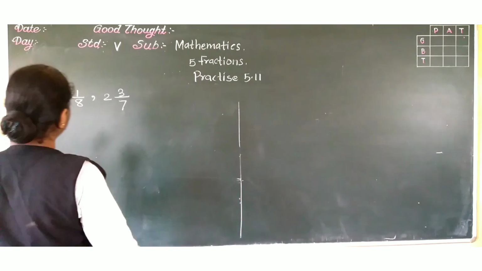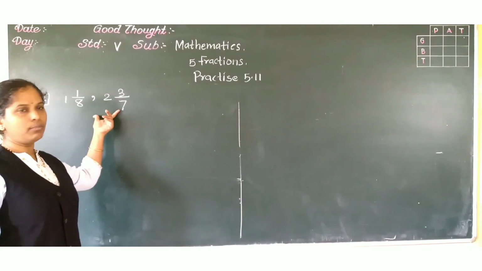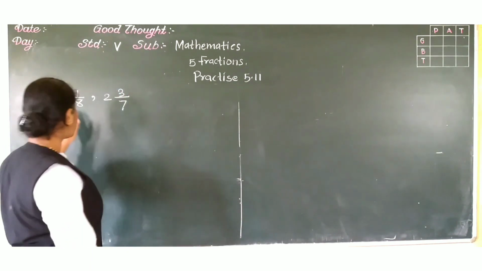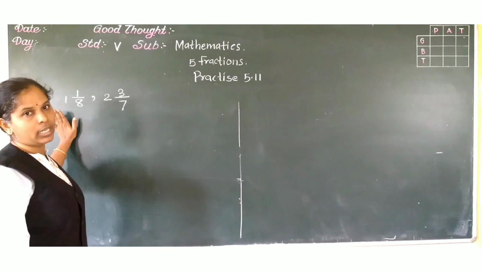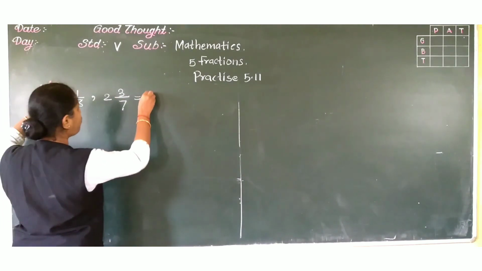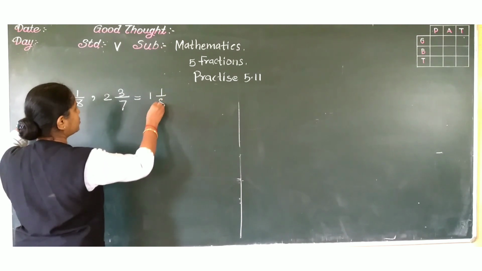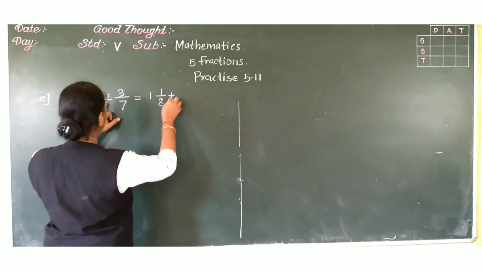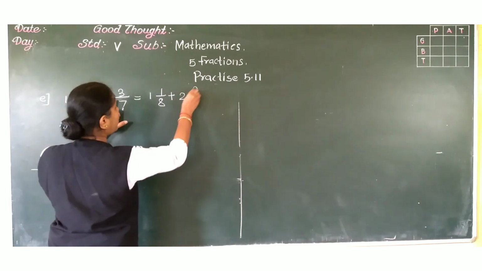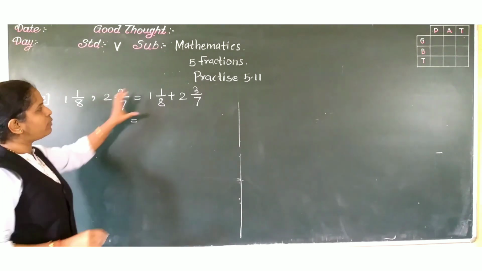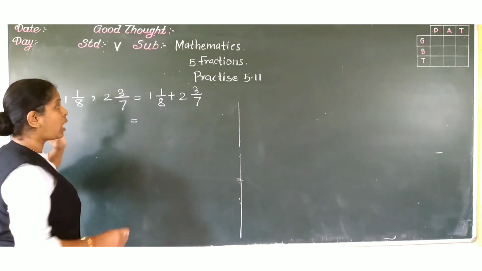Now see, this is the last sum of practice 5.11. Again, a mixed fraction is there. So let us first write it in the form of addition, plus we have to do the sum. Instead of a comma put the addition sign: 2 and 3 upon 7. Then what is the next step? We have to convert it into an improper fraction. How to convert?